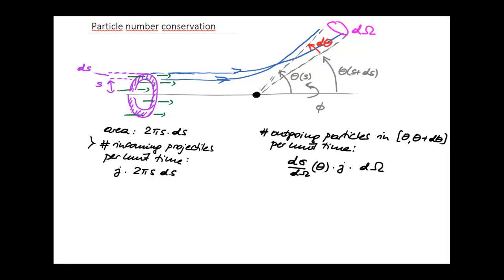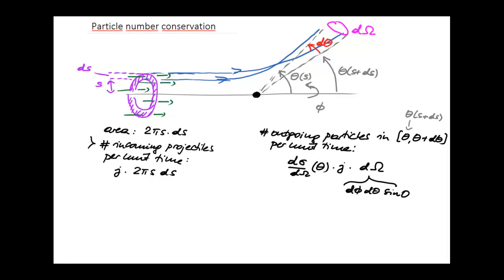That's by definition of the differential cross-section. So this is the number of outgoing particles in this interval of angles.